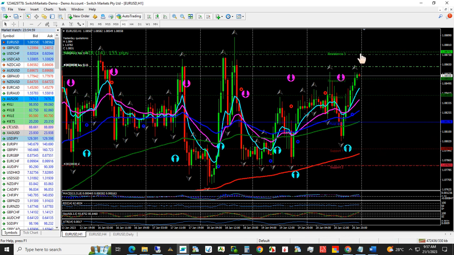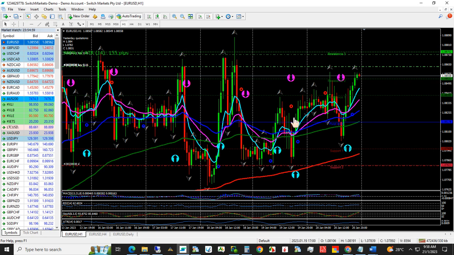For example, we would have seen resistance 3 at 1.0875 because this was previous resistance level here and here. And even though we have a single line, it's not really one line, it's like a zone, but we are okay to deal with this one line for now. Okay, so going into next week then, based on what we have seen here, we are bullish on the EURUSD, and we will maintain our risk model.